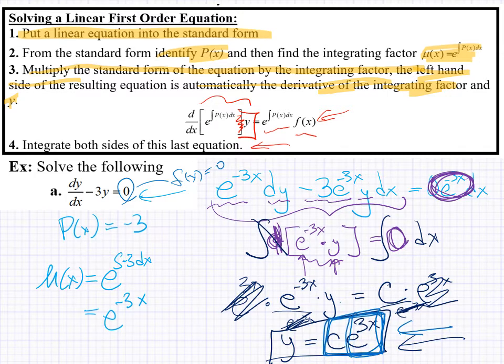That's the pattern you see for this. Well, I can't say a pattern, it's the first example. But what you see in this example is that this one was equal to 0, so f of x is 0, and the solution was y equals c times some solution function.